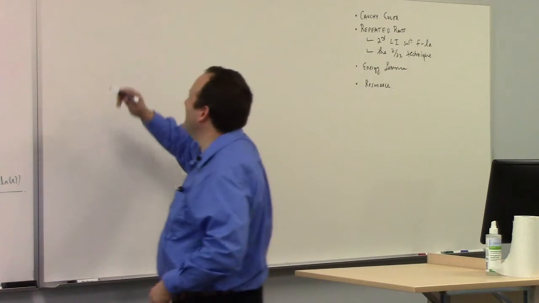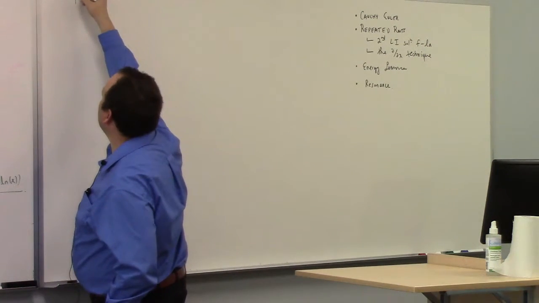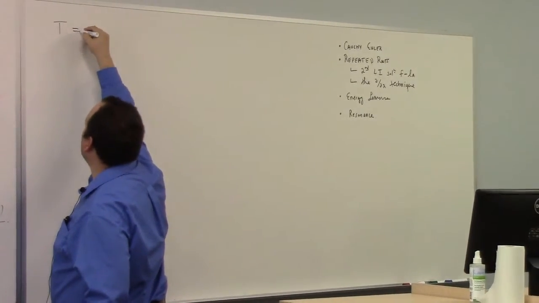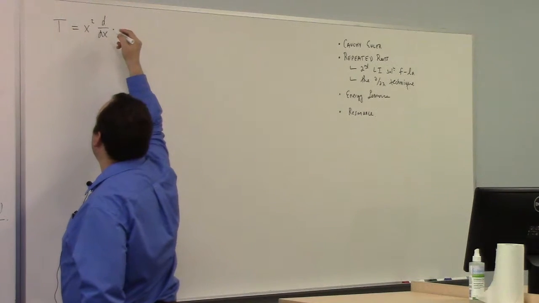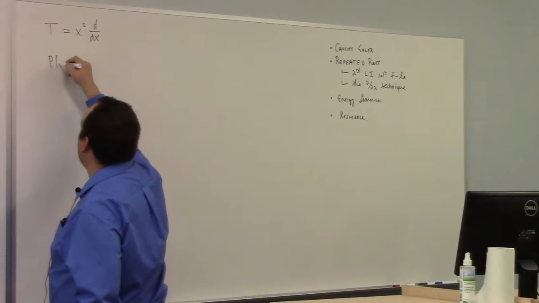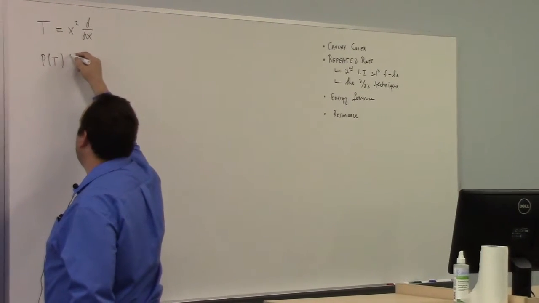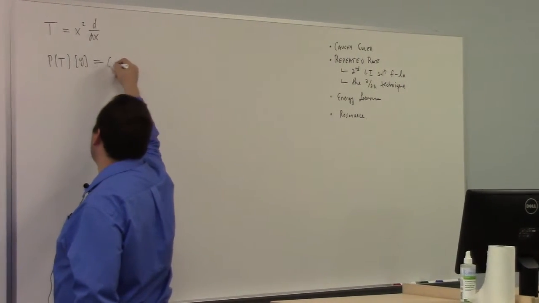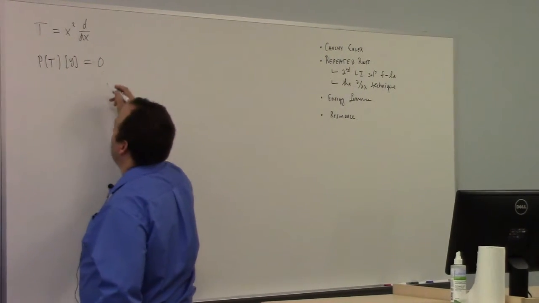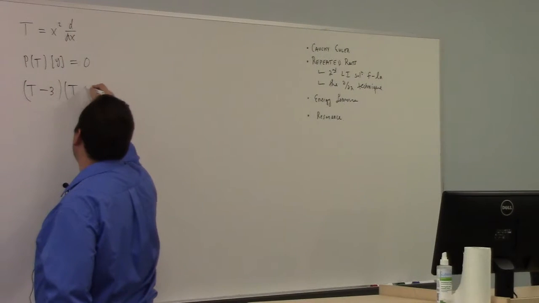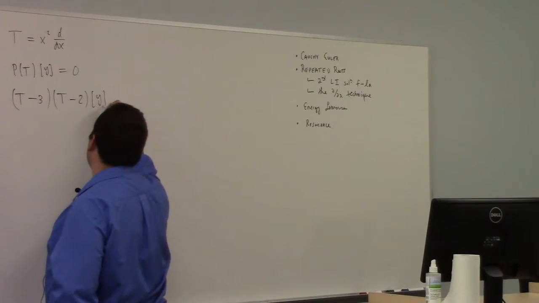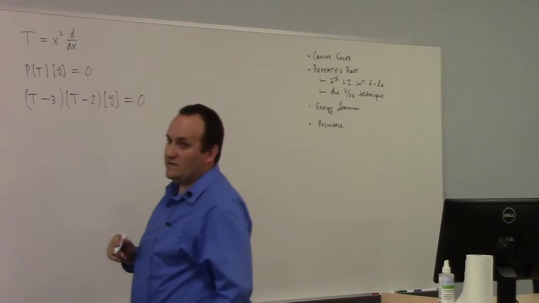For example, I could let t equal x squared d/dx, and then I could look at basically any polynomial in t acting on y equals 0. That would define a differential equation. For example, if I had t minus 3 times t minus 2 acting on y equals 0, that would be a second order differential equation.